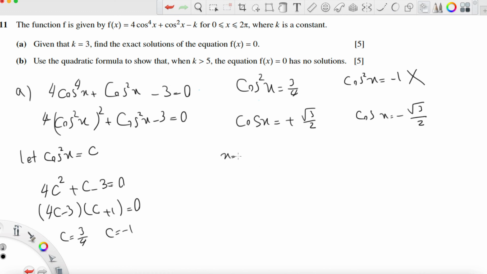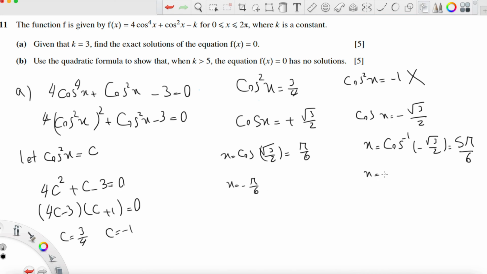Now, x will be cosine inverse of root 3 over 2, which is pi over 6, and x will be cosine inverse of negative root 3 over 2, giving you 5 pi over 6. Now for cosine, the other answers will be negative pi over 6 and negative 5 pi over 6.